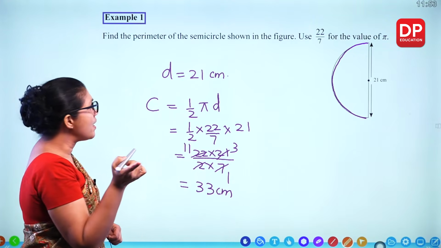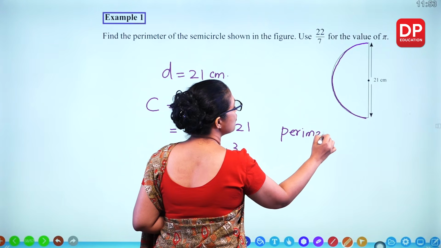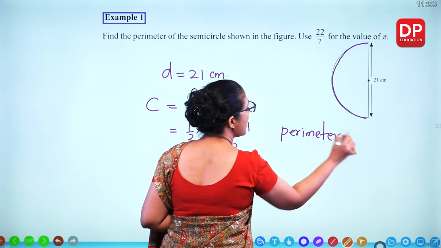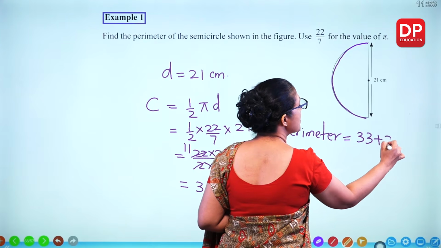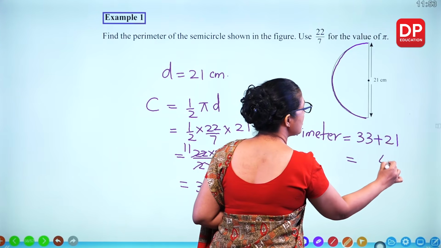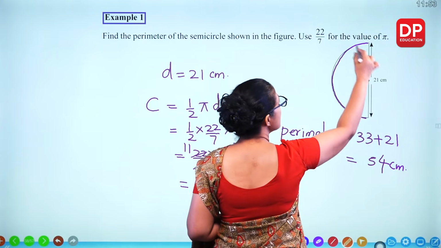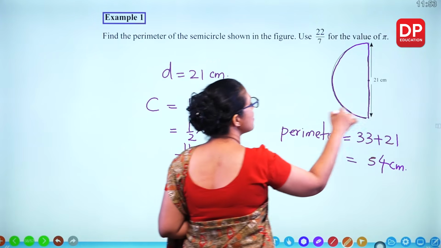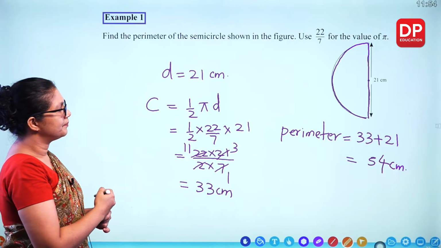Now for the perimeter, we have to add the diameter to that. 33 and 21. So you get 54 centimeters for the perimeter of this semicircular sector.